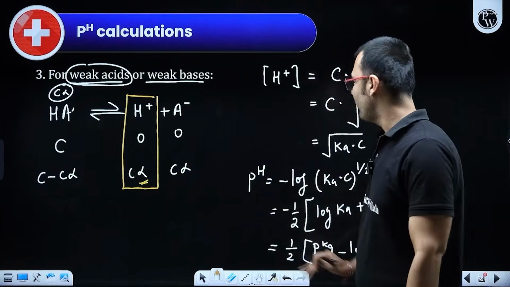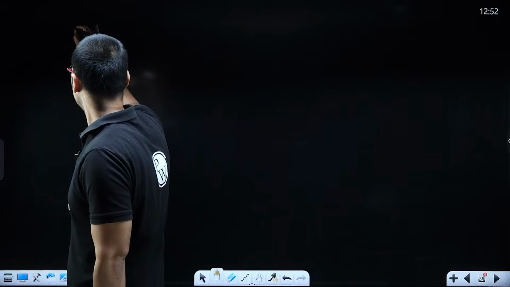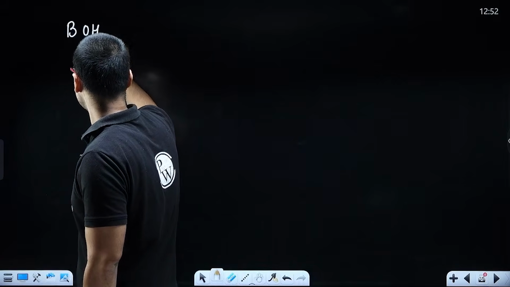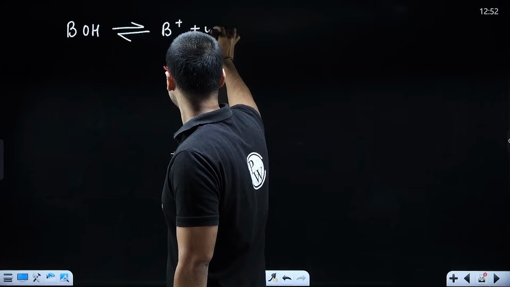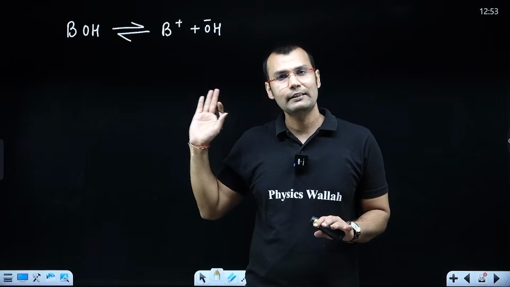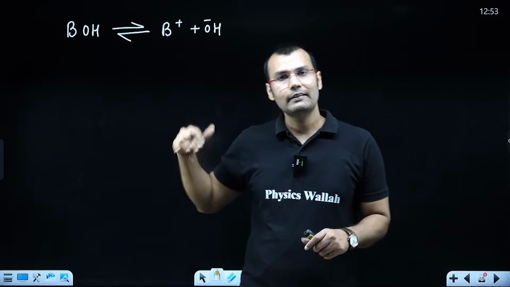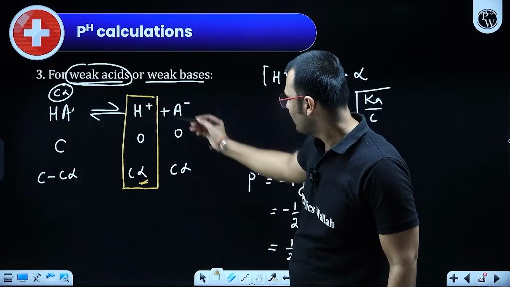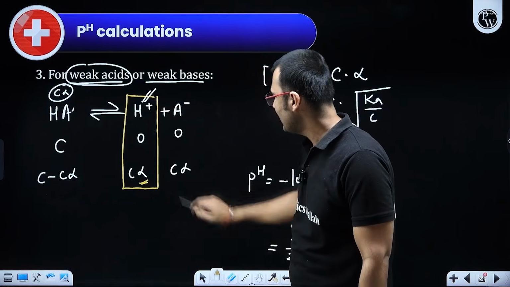And in the same way, you can also obtain the pH of a weak base solution, right? Suppose I have a weak base like this, n-factor 1, it will decompose like this. Now I'm not going to write the same thing, right? C 0 0, C minus C alpha, C alpha. Here I can directly say that in the same way, like in the previous case, you were getting the concentration of H plus ion for the weak acid as C alpha.